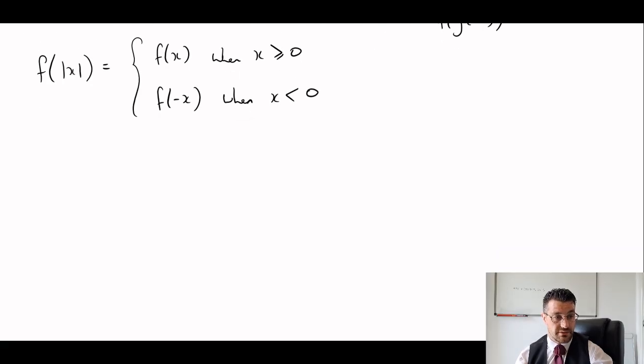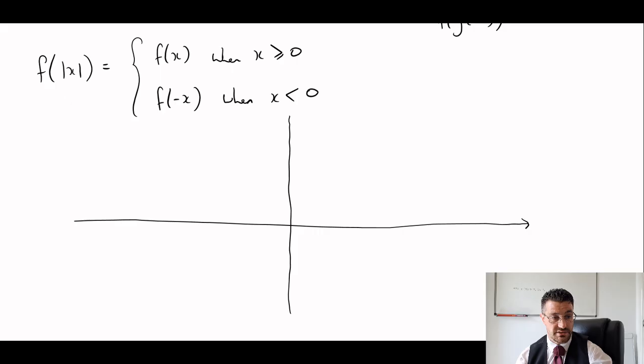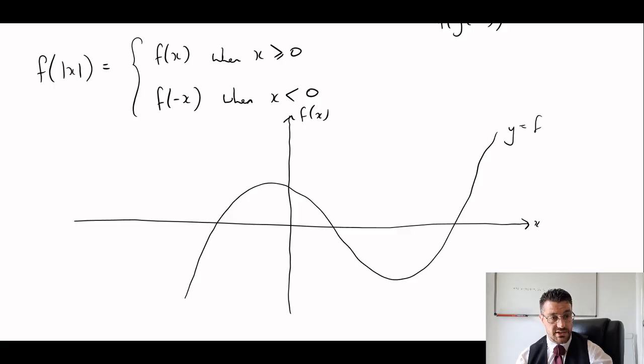Okay, so again, let's think about this in a graphical sense. X, f of x. And let's say we've got our generic function again, y equals f of x. What does our definition tell us? Well, here what we're interested in is when x is greater than or equal to 0 and when x is less than 0.